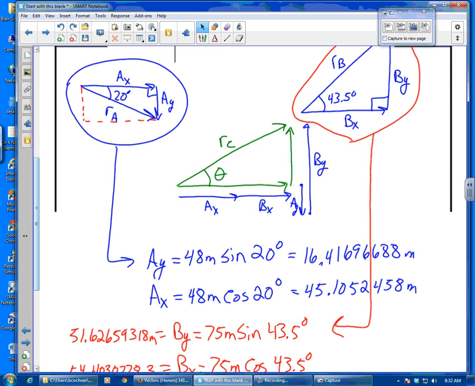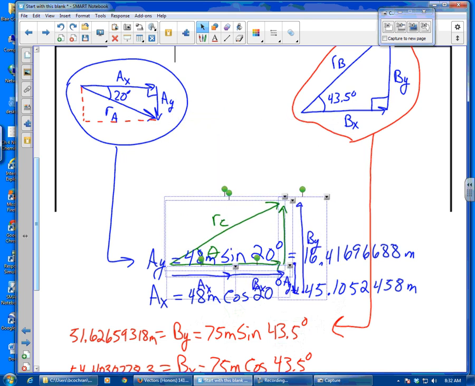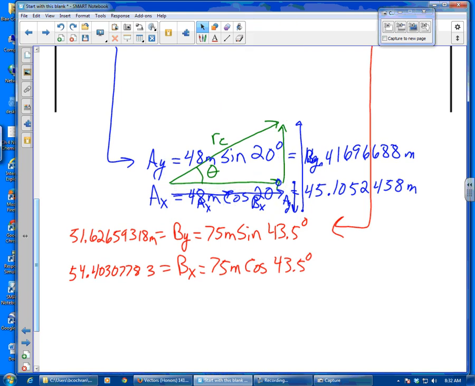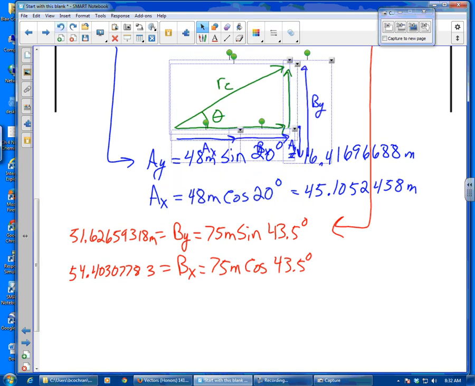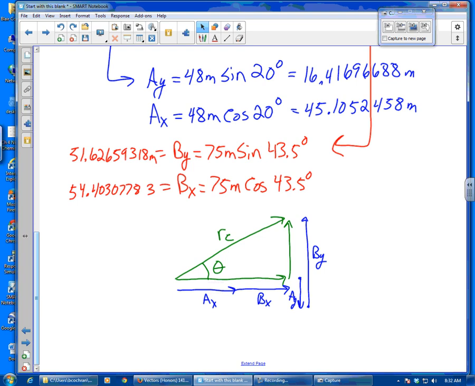Now I'm going to add AX plus BX and get the horizontal length of my side as 99.50832363 meters.